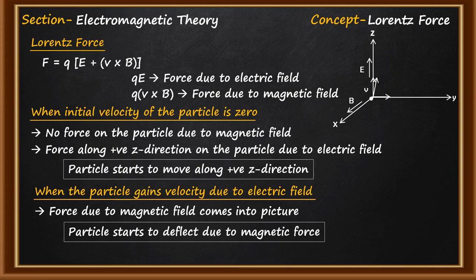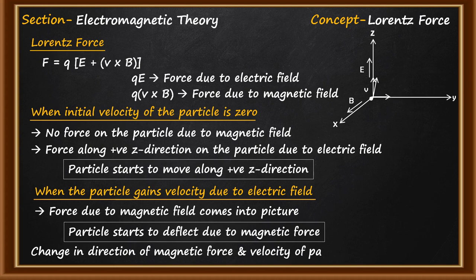So eventually, because of this change in the direction of the magnetic force and the velocity, the particle will form a curved path, and eventually the velocity will reduce to 0. Because at a certain point of time, the magnetic force and the electric force completely counterbalance each other. At that point, the velocity will be 0. So again, the cycle repeats. This eventually forms a motion called cycloid motion.